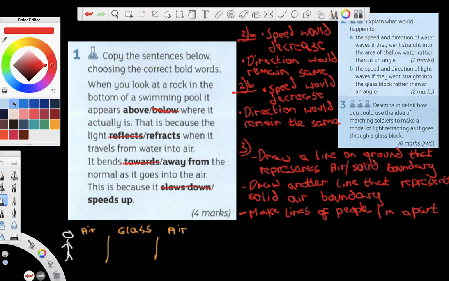So the people marching towards the line would need to come from this sort of direction. Okay? So for our next mark, we needed to say that the soldiers march to the line at an angle.